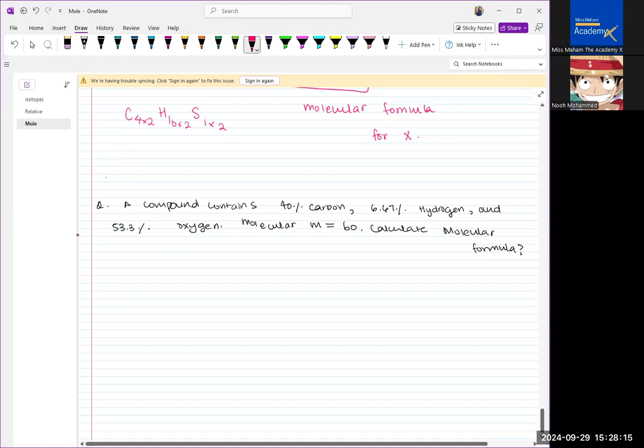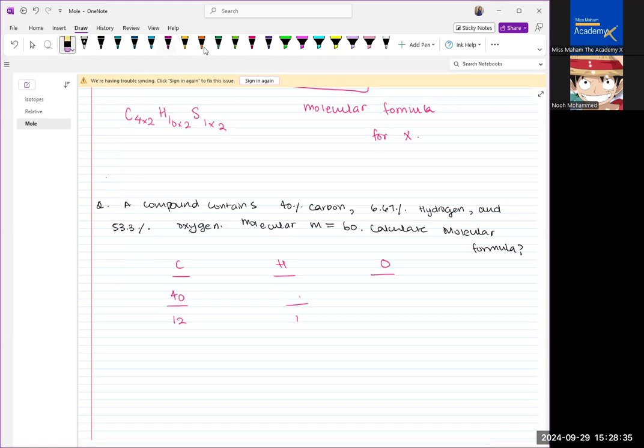So here we have carbon, hydrogen, and oxygen. First step is to divide each percentage by its AR. So carbon is 40 divided by 12. Oxygen is 53.3 divided by 16.